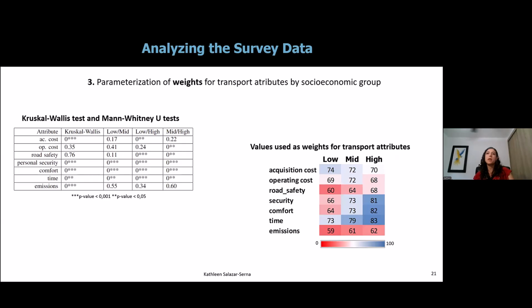For example, people in high-income classes think that security or comfort are very important, but people in the low classes place more importance on things like cost. Then we are differentiating the weights or the levels of importance of these variables in the model to calculate the satisfaction function.